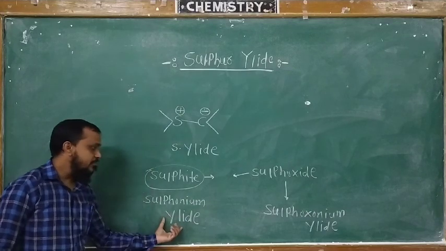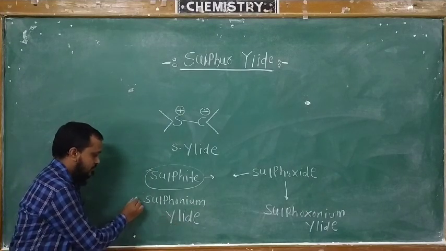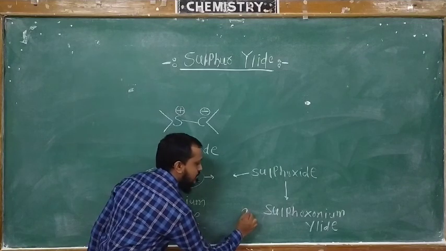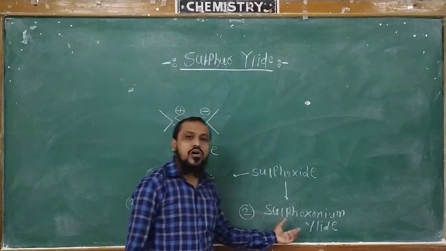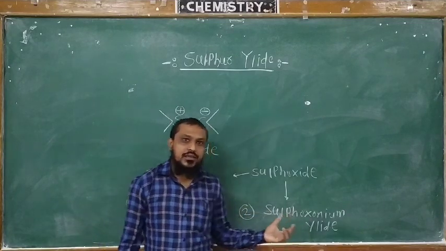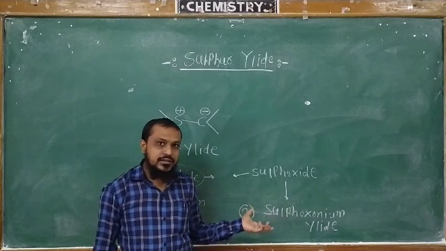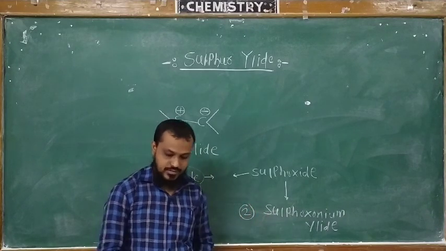First one is sulfonium ylide, second one is sulfoxonium ylide. We will see both types of sulfur ylide one by one.